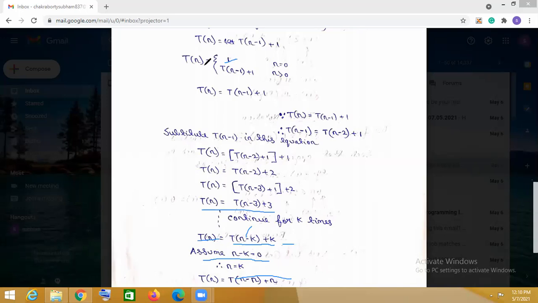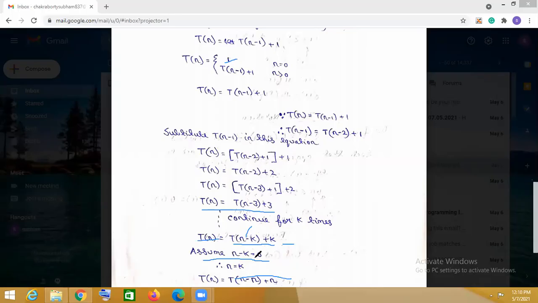For finishing this recursion, we should have the value 0, and then our time taken will be 1. So for finishing this you have to make this element 0, otherwise our recursion will not be finished.